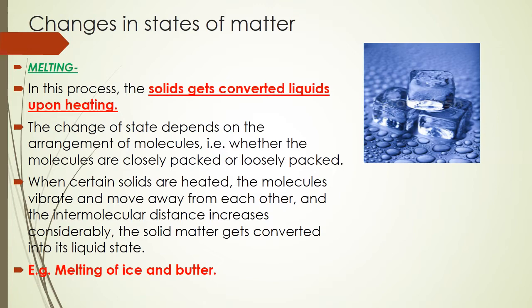The molecules in the solid vibrate and they move away from each other. As a result, the intermolecular distance increases in such a considerable manner that these solids get converted into the liquid state. Examples are melting of ice and melting of butter.